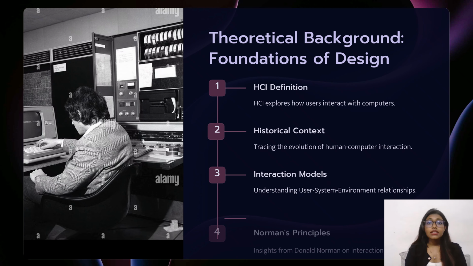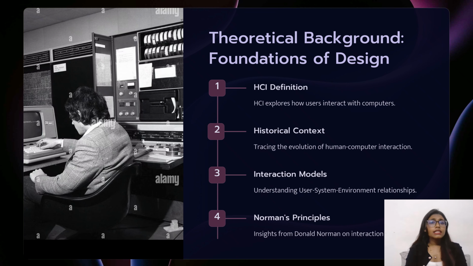Let's take a quick look at how HCI has evolved. In the early days, we interacted with computers using command lines, black screens, and typing. Then came the graphical user interface, or GUI: icons, windows, and the mouse. Today we have moved into the touch interface, voice commands, and even gesture-based interaction with AR and VR.